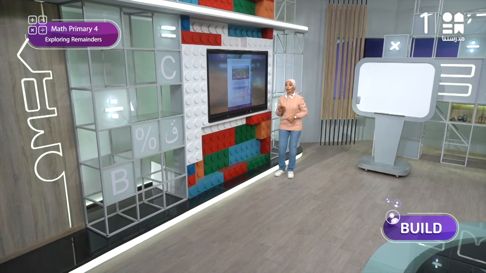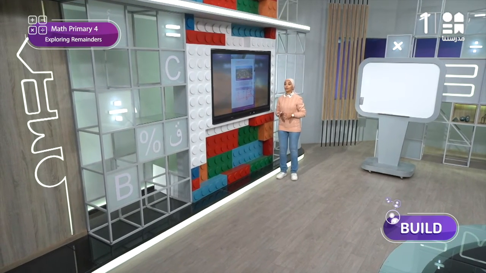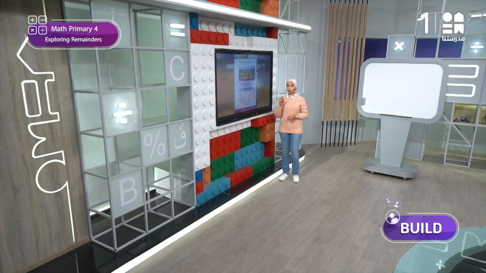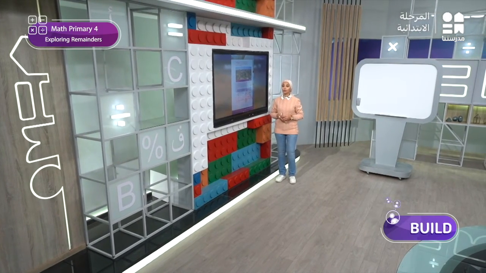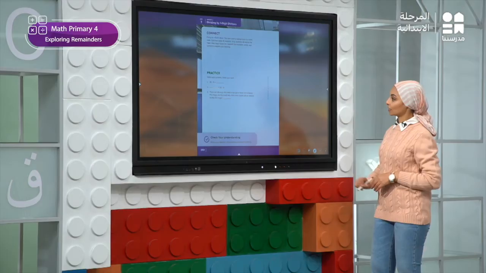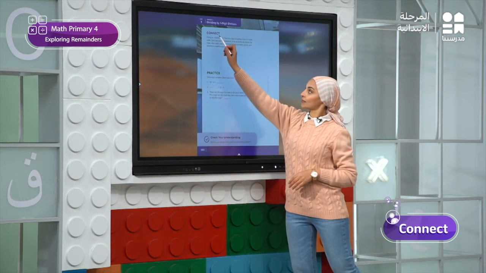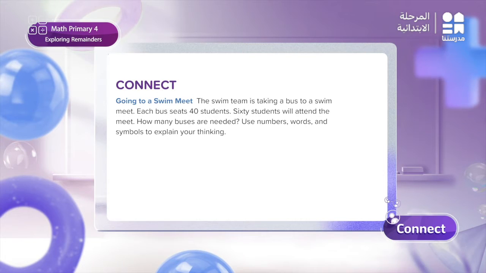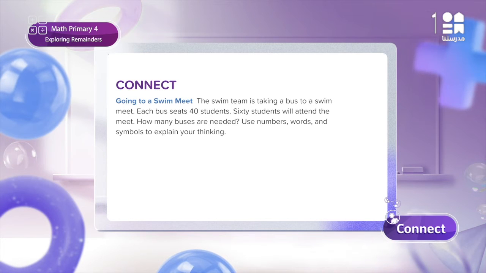So in the same way, بنفس الطريقة, you can think of the problem found in your school books in the Connect part, page 302. Here's page 302, and this is the Connect part. In the activity, going to a swim meet. Let's see this activity.